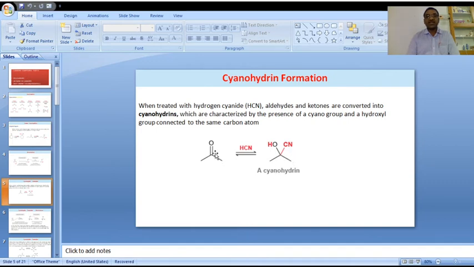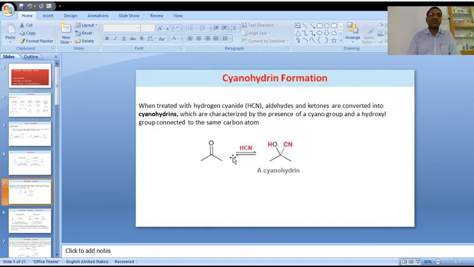Here the carbonyl carbon is connected to two different functional groups: a cyano group and a hydroxyl group on the same carbon atom.